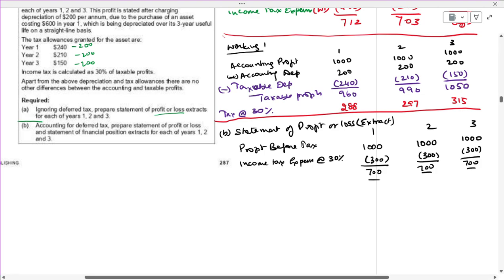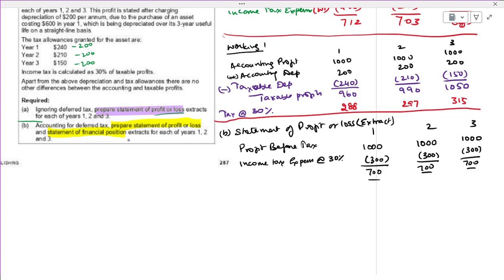In the first case, they are asking only one thing: prepare the profit and loss account. In the second case, what are they asking? They are asking to prepare the statement of profit or loss, and a statement of financial position. When they ask for a statement of financial position, definitely it is about deferred tax.